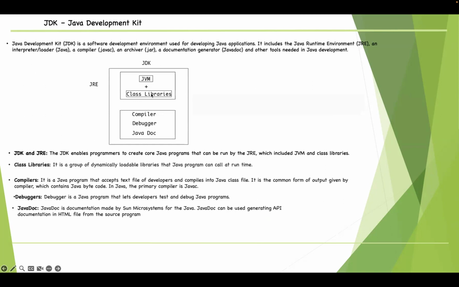So the Java Runtime Environment has the JVM. Again, what is a JVM? JVM is the heart of the execution process of your Java program. So whenever anyone asks, what is JRE? JRE stands for Java Runtime Environment, which has the JVM, which can be used to execute a Java program and provide the output based on whatever input you have provided in your program.